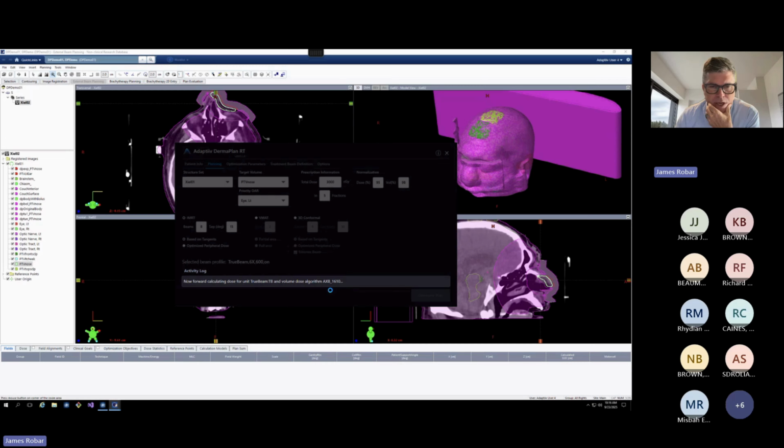Depending on whether this is IMRT or VMAT, the optimization step in particular will take different amounts of time between those 2 techniques. So it's quite a bit faster for IMRT, although I'm going to show you some results at the end of this presentation that will give a few votes towards VMAT as a technique for skin.